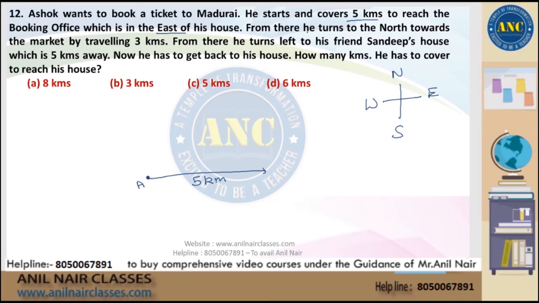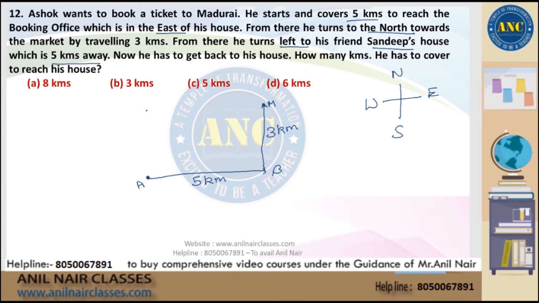Next, from the booking office he turns to north towards the market by traveling 3 kilometers. Next, he turns left to his friend Sandeep's house, which is 5 kilometers away.